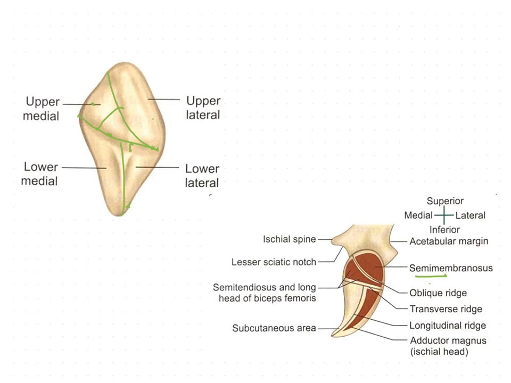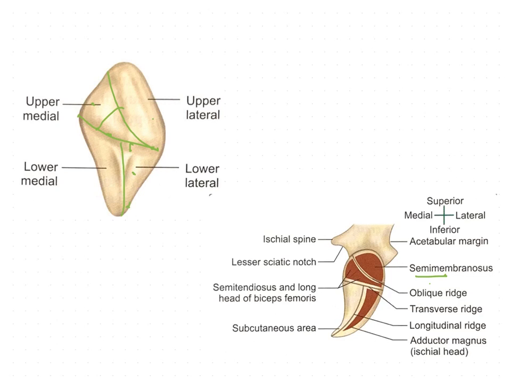In the lower lateral part you can find the adductor magnus, which originates from the ischial tuberosity. So these are all the muscle attachments.